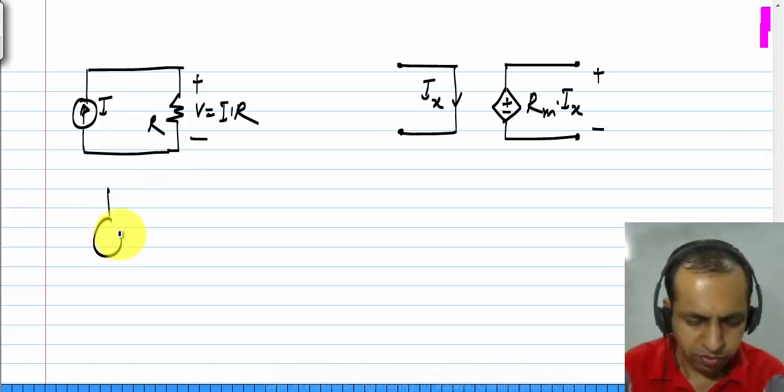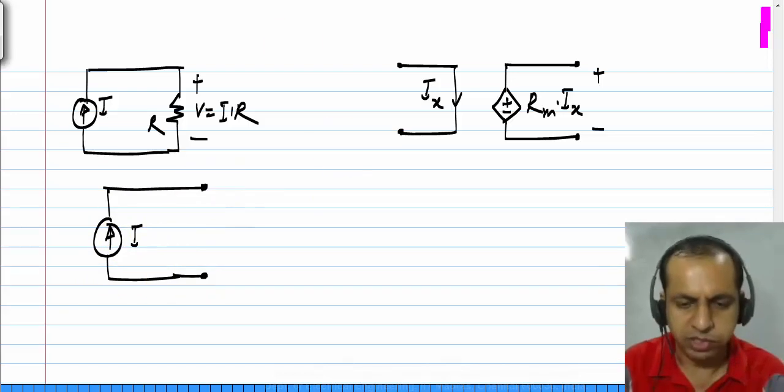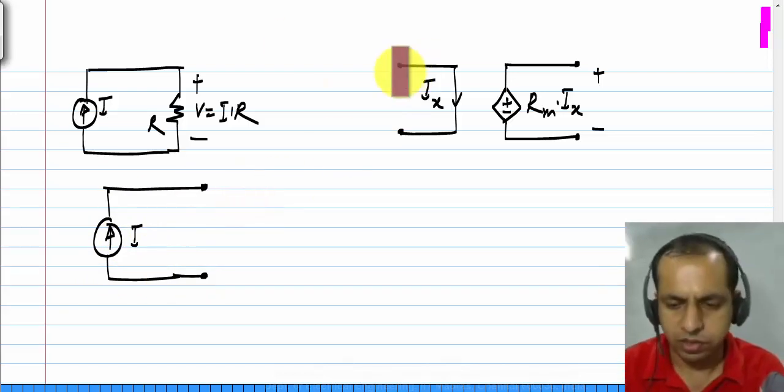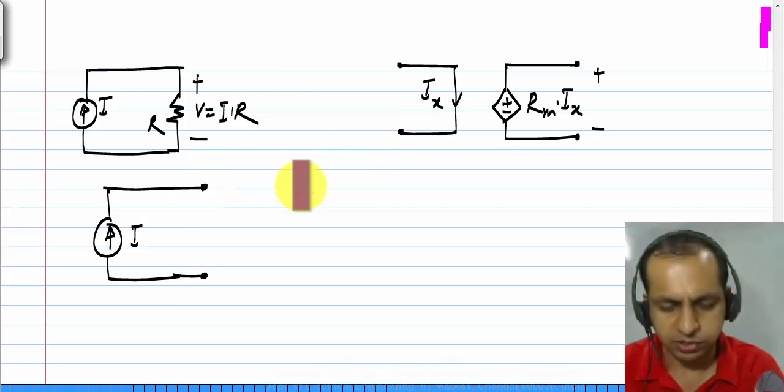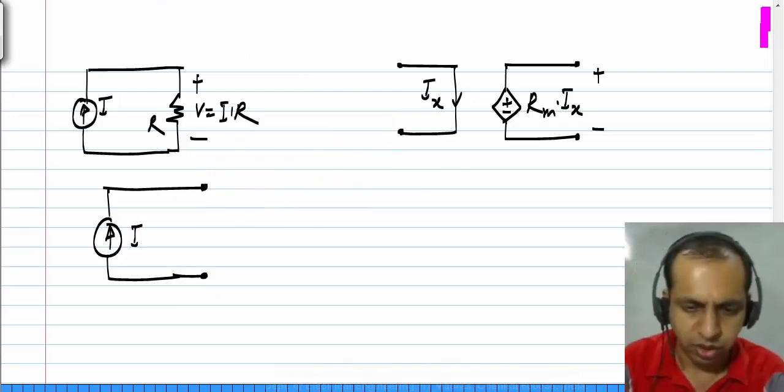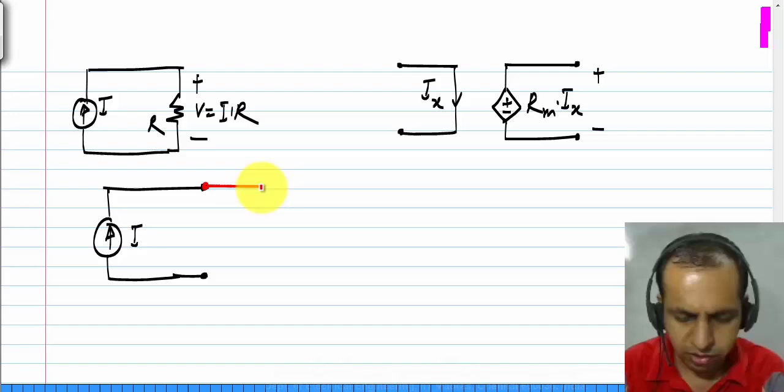Let us say I have a current I. I must sense this current, that is, I must place this controlling branch in series with this. So, I will show it like this.